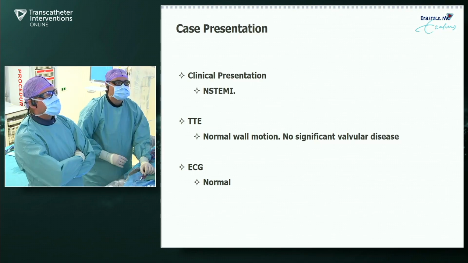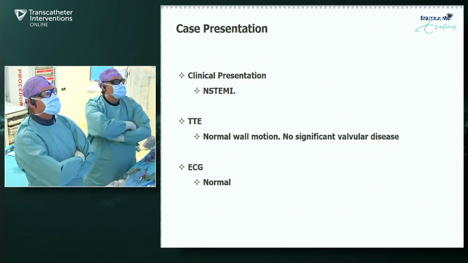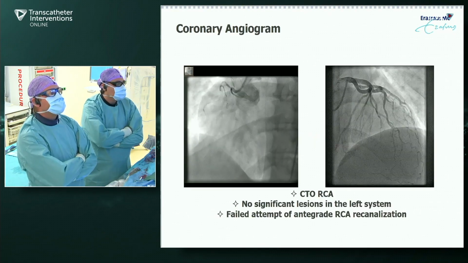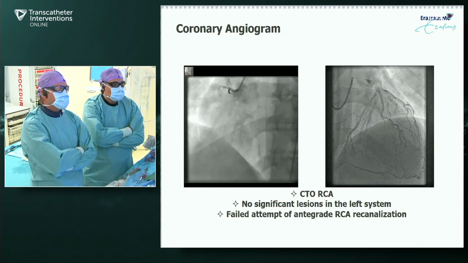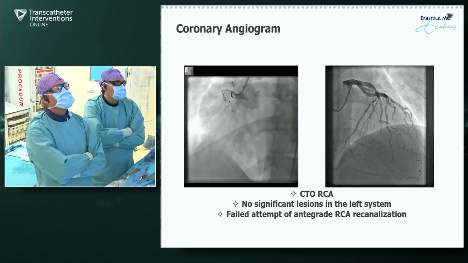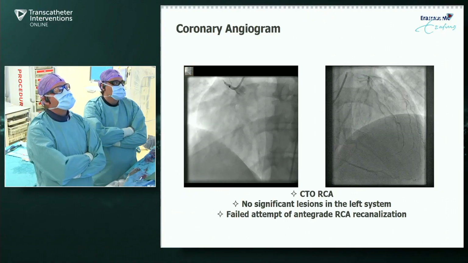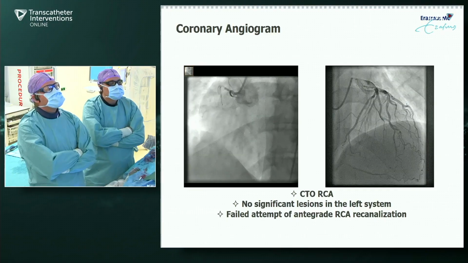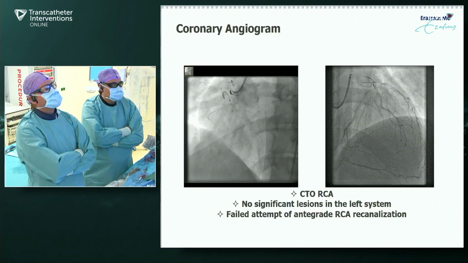TTE was done, normal wall motions and no significant valvular disease. ECG was normal. And the angio of a couple of weeks ago, which we did after the discovery of the non-STEMI, you are looking at right now. As you can see, there is the known CTO of the RCA, which is a dominant vessel. You can see some antegrade flow.